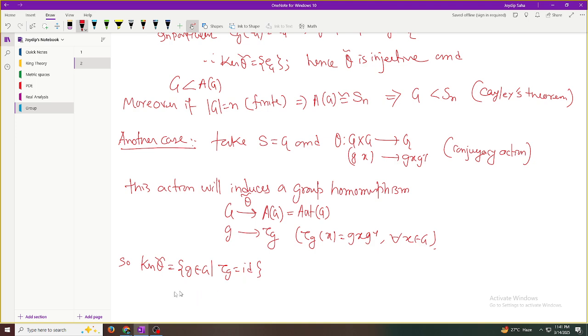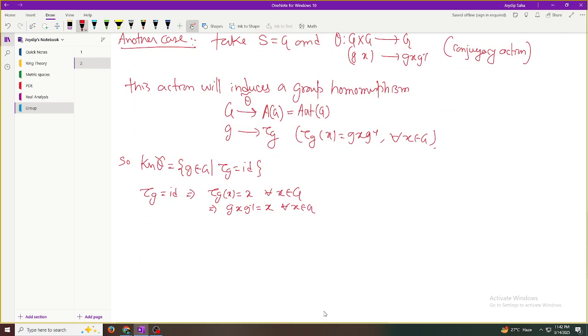Now tau_g is identity implies tau_g of x equals x for all x belonging to G. So g x g inverse equals x, so gx equals xg for all x belonging to G. What is this?